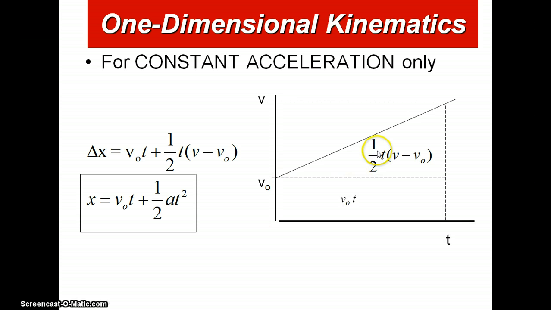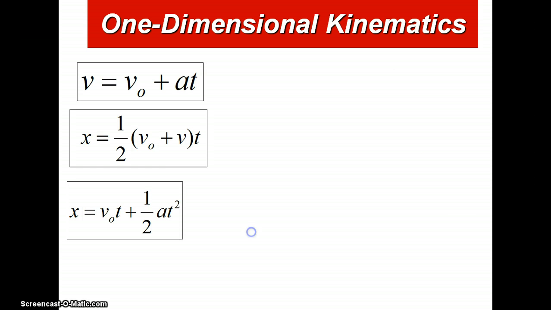So the sum of these two quantities becomes equal to delta x. If I perform a little bit of algebra on this equation, I end up with delta x is equal to v naught t plus 1/2 at squared. And again, since x naught is equal to 0, I end up with the equation x is equal to v naught t plus 1/2 at squared. It's a third equation that I can use.